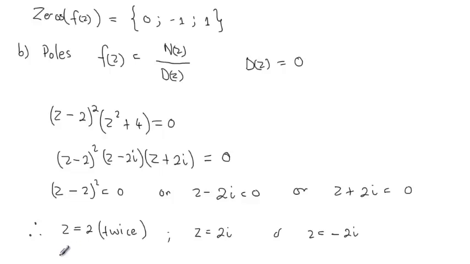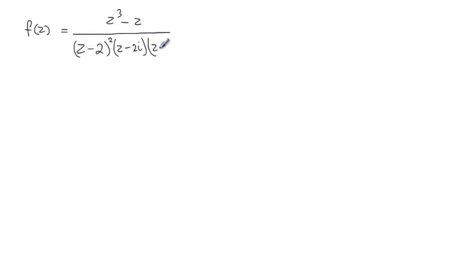We're given the function f of z equals z cubed minus z all over z minus 2 all squared multiplied by z minus 2i, z plus 2i. Notice that here we're taking the function already with the denominator factorized.